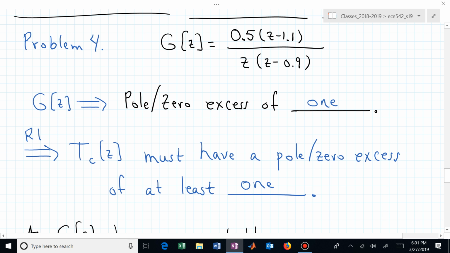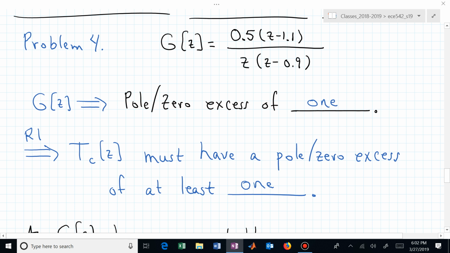It's not really causing your system to go unstable by itself, but typically having zeros outside the unit circle makes your job of controlling that system more difficult. A system with a 0 outside the unit circle is more challenging to work with than when you have all of your zeros inside the unit circle.